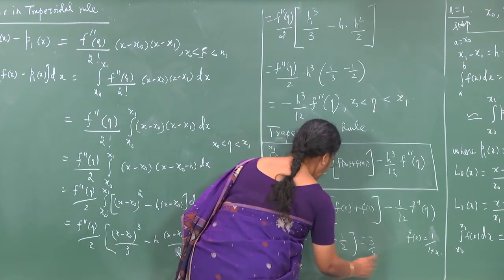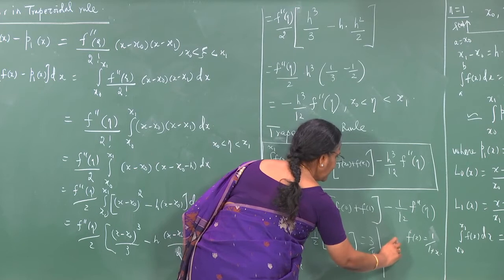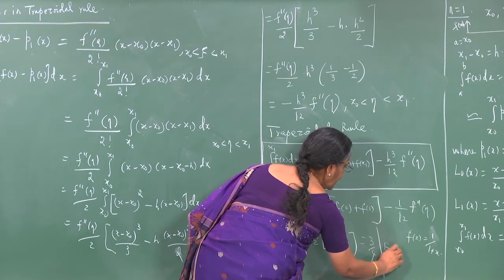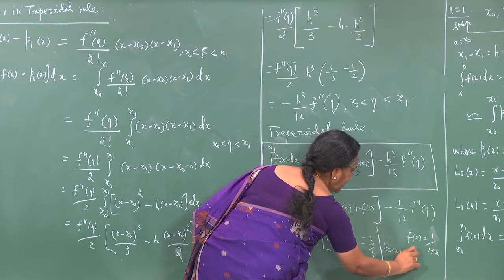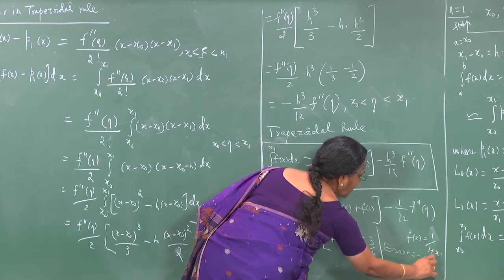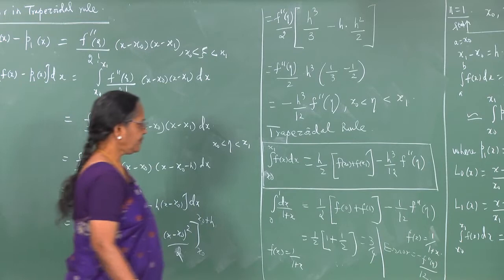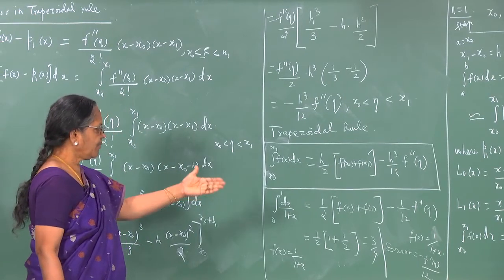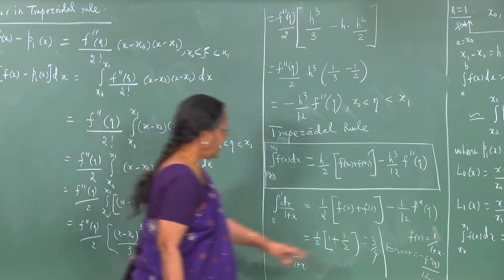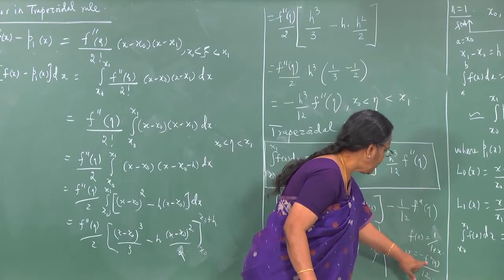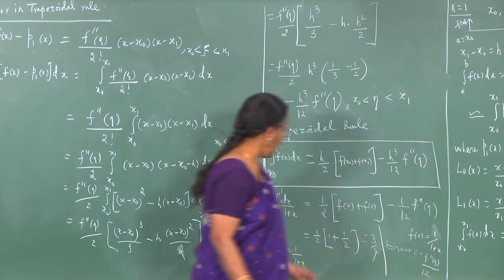Then the error committed is minus f double prime eta divided by 12. So, if you want the bound on the error, then it will be the absolute value of f double prime eta by 12.